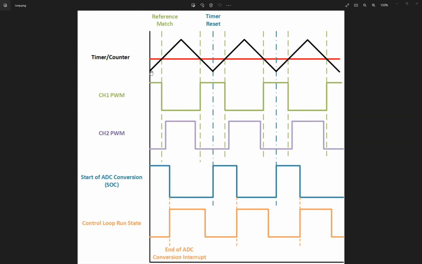It goes from 0 up to a certain period, then it goes back to 0, then again it repeats the same cycle. So this is the time period in clock cycles. It goes from 0 to the time period in clock cycles. So this is the reference triangular wave on the basis of which the PWM will be created.